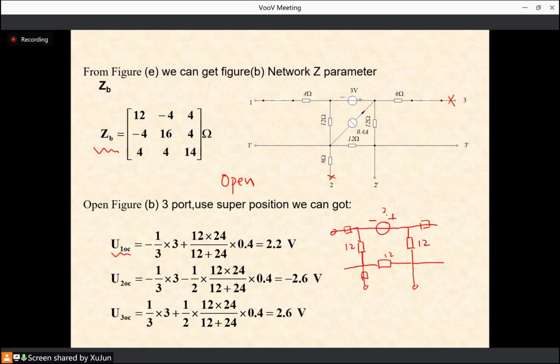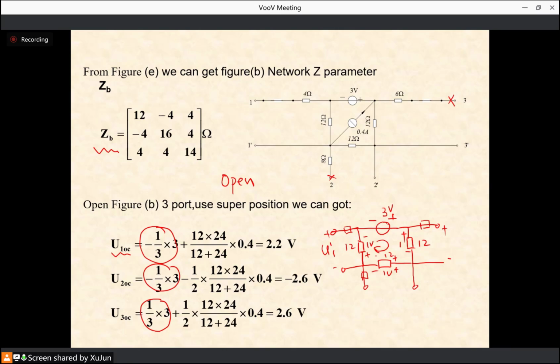So this is 3. So in this loop, this will be 1, this will be 1, and this will be 1. This is 3 volt. So U1 sharp for this part will be -1, because this will be 1. So this is -1, and this -1. And for U3, is this position positive, negative? It will be +1, positive.